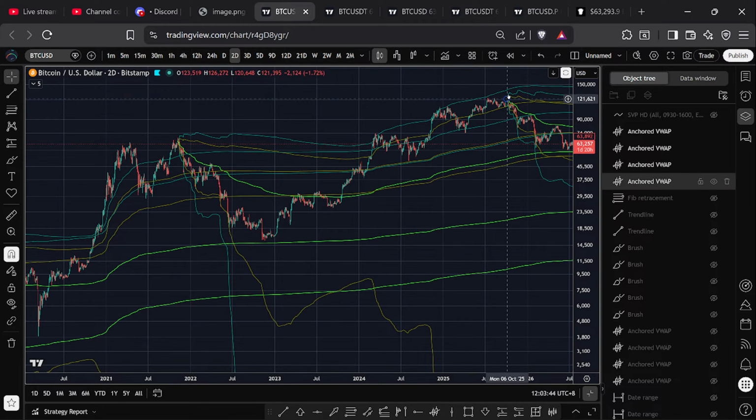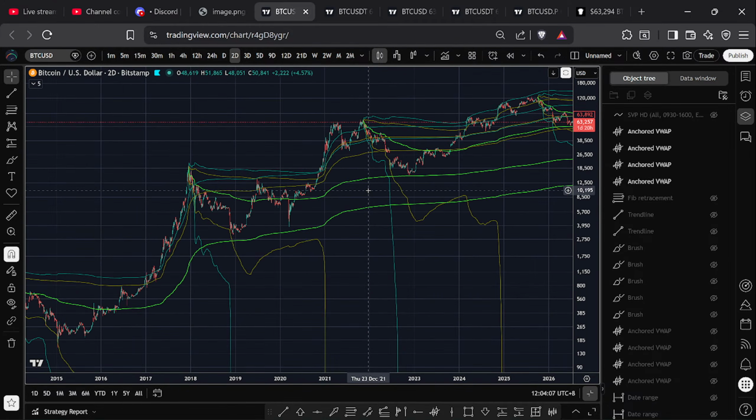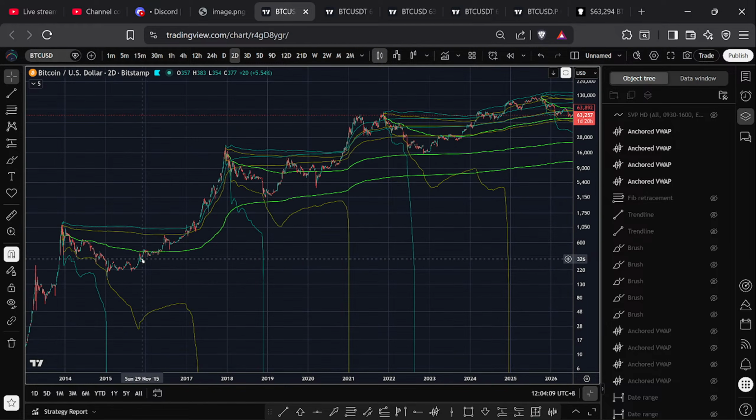Okay, even though we topped similarly in the cycle, the cycle was different, and the reason it was different was because it's now a Wall Street token. Okay, retail isn't moving this much anymore. There's not many retail people that come in and buy a Bitcoin at 100,000, whereas a few cycles ago, mums and dads could buy in at 300, 800, $3,000.